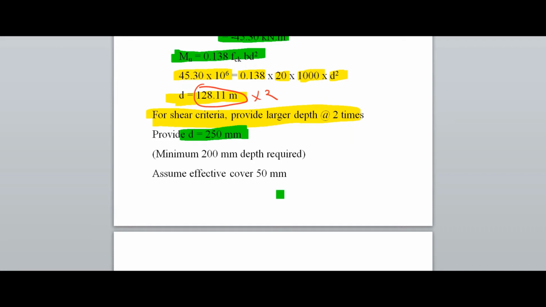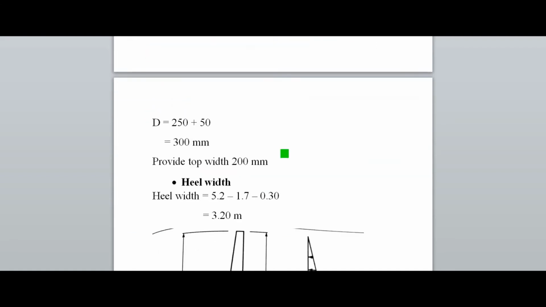And remember, minimum depth required is 200 mm, because at the top of the stem we provide 200 mm. So assume effective cover is 50 mm. So overall depth is 250 plus 50, means 300 mm, and provide top width 200 mm.